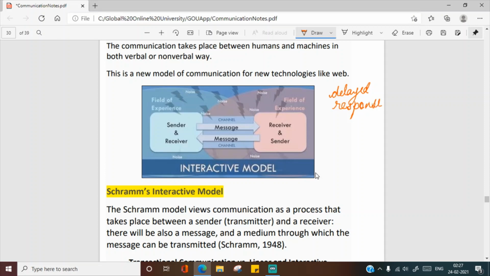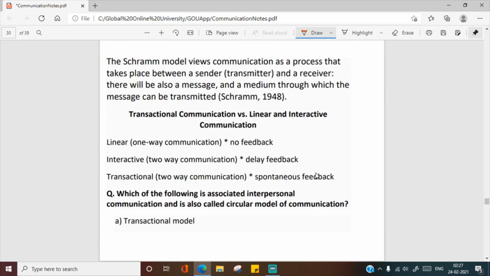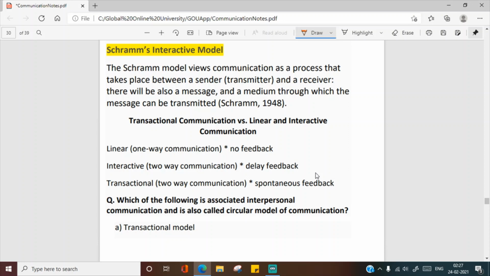The communication takes place between humans and machines in both verbal and non-verbal ways. This new model of communication is for new technologies like the web. Okay, so this interactive model is a process that takes place between sender and receiver. There will also be a message or medium through which the message can be transmitted.